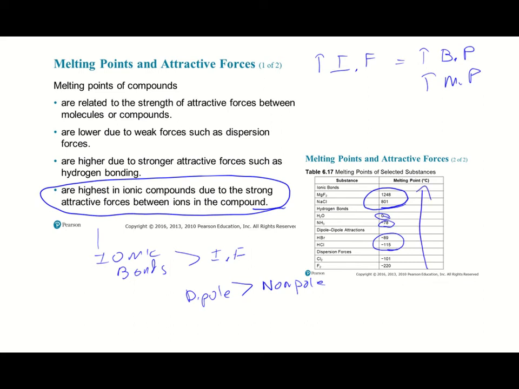Then our weakest are London dispersions, -100 and -220, right? The stronger the force, the higher the melting point. And I know a couple of you are already pointing out the exceptions here. And this would be an exception. This would be the case where the London dispersion between these two appears to be stronger than the dipole-dipole between those two. Go figure.